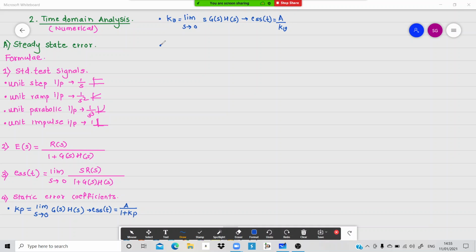And the same line, third one is the acceleration coefficient, Ka, limit s tending to 0 of s square G of s H of s. And in that case the error formula becomes A by Ka.